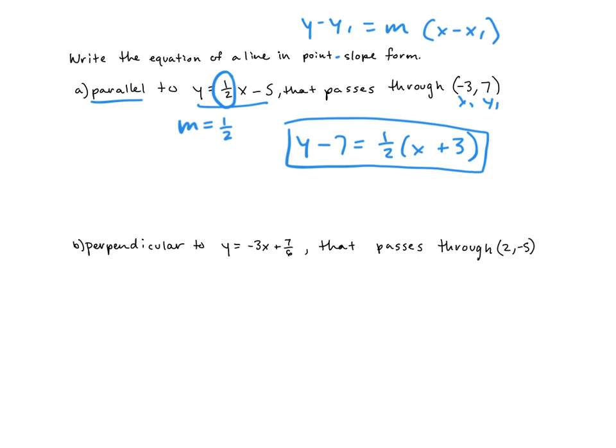Alright, what about when it's perpendicular? What would our slope be here? So we have a line that's perpendicular to this line and passes through point 2, -5. What is our slope here?